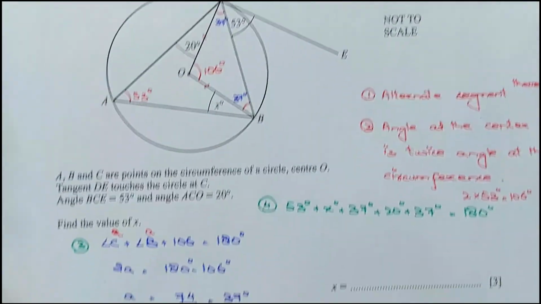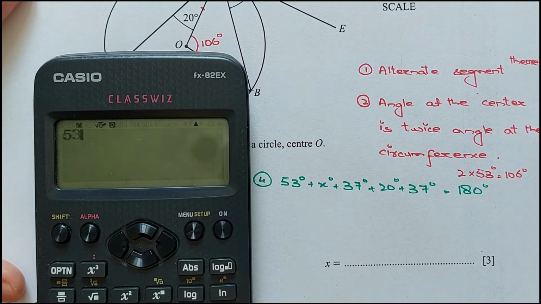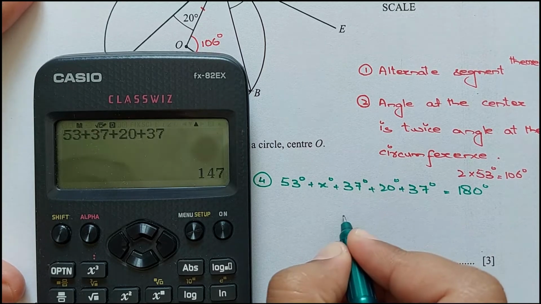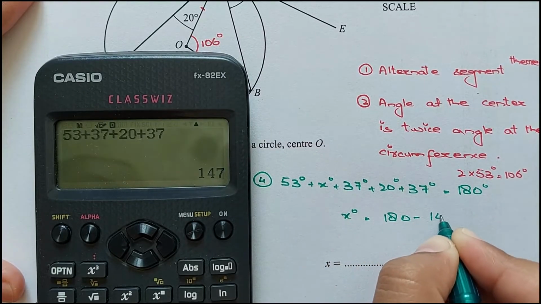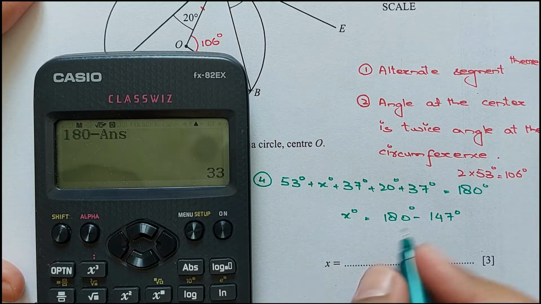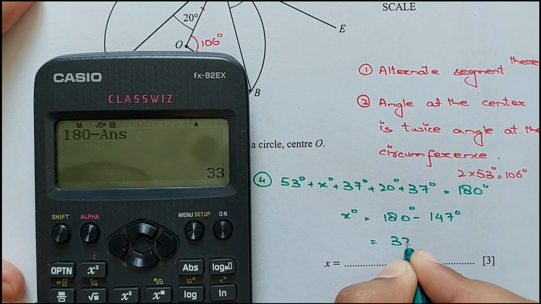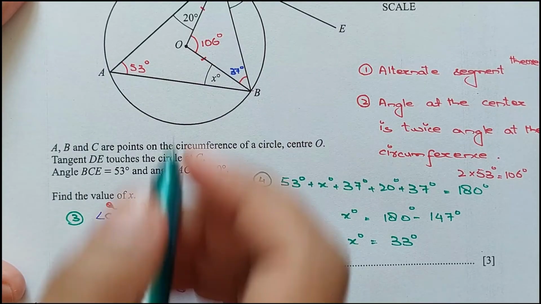Now we can easily get the X value. That is pretty easy now. 53, 37, 20, 37. So X is going to be 180 take away 147. This is 33 degrees. X is going to be 33 degrees, right?